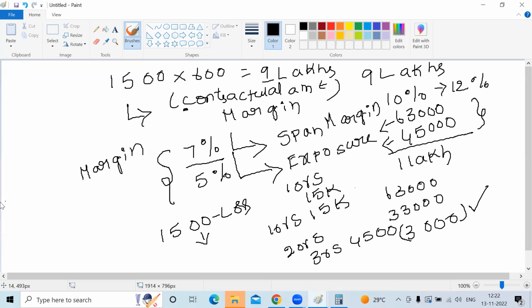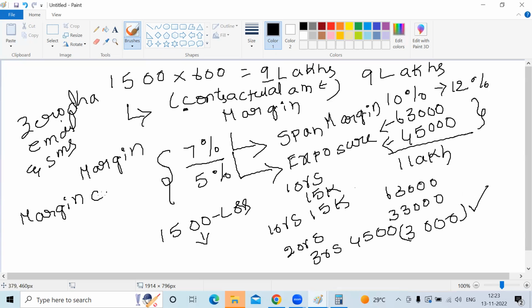Now what happens, Zerodha is going to send email and SMS saying that this is called margin call. Come on, keep adding money. You add more money in your account because this is risky for them, right?